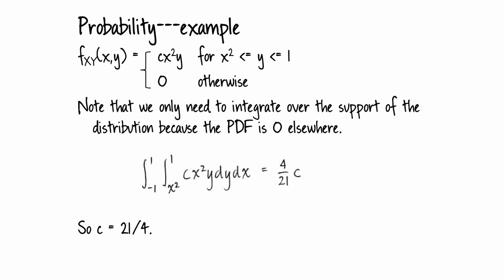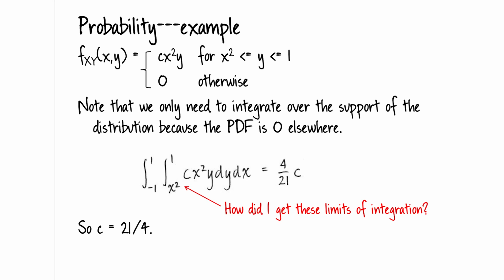So you might be a little puzzled as to how I got these limits of integration if, for instance, you haven't taken calculus in the last year or so. Maybe you're a little rusty about that. So let's take a look again at the picture of the support and see where these limits of integration come from.